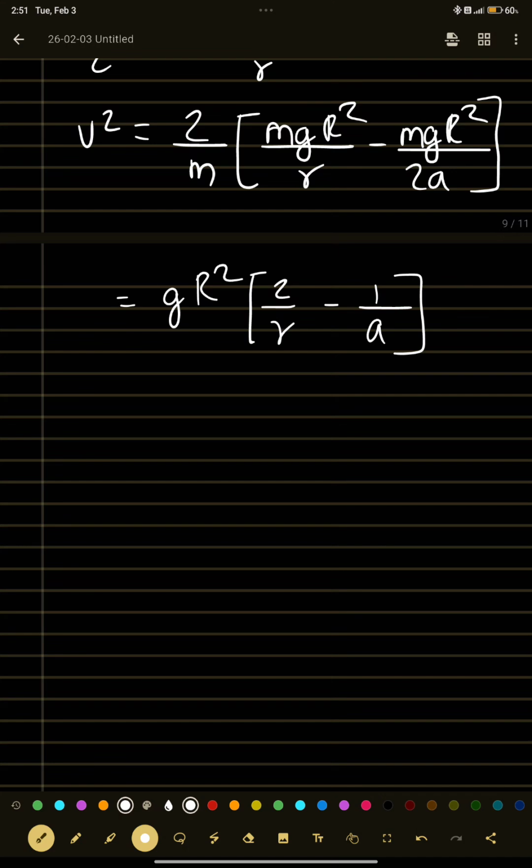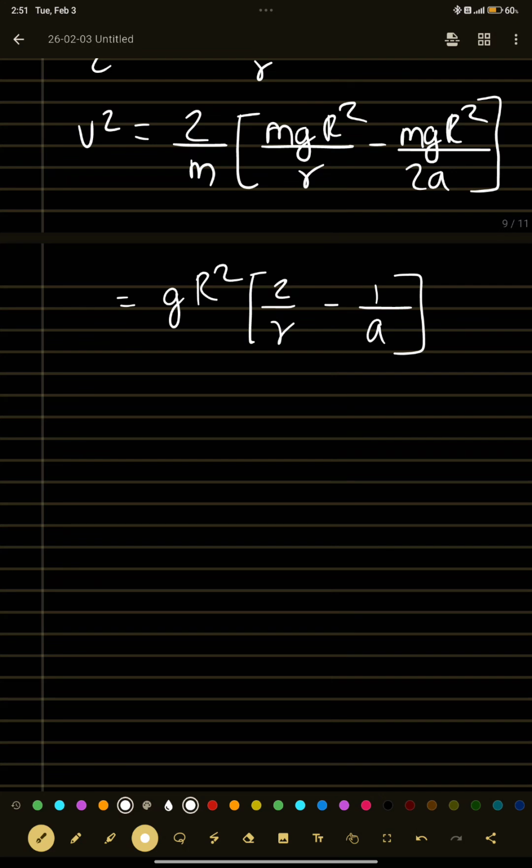Now from this expression, when r is maximum, then what is this particular expression? This becomes minimum, right? So when this is minimum, v becomes minimum for maximum r.